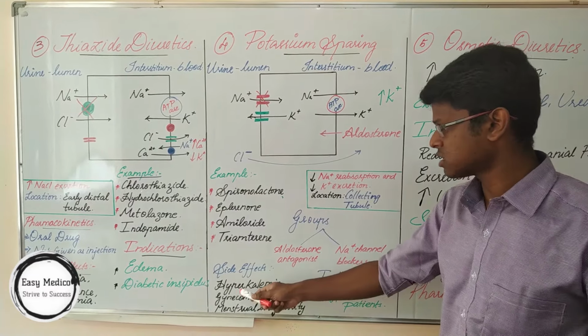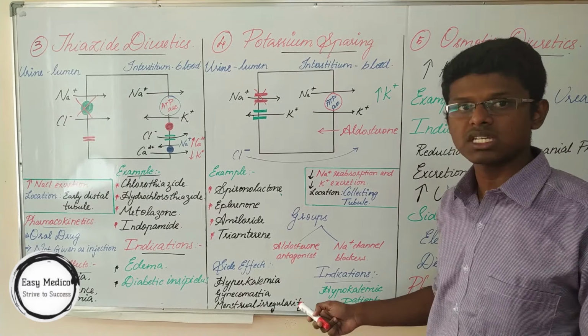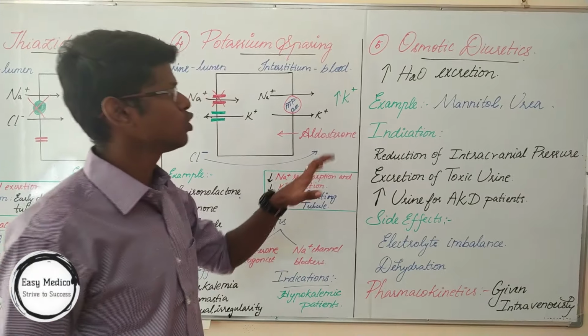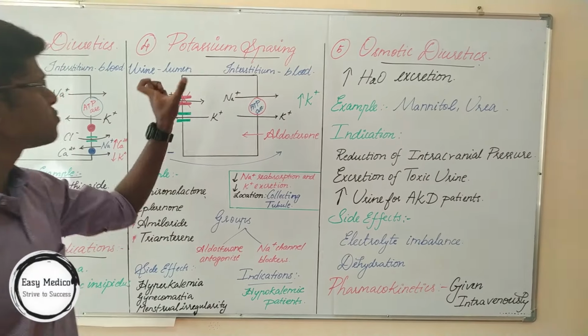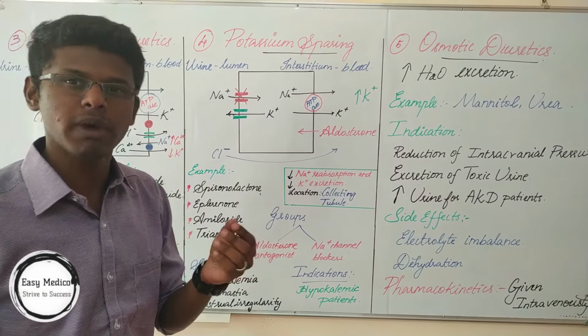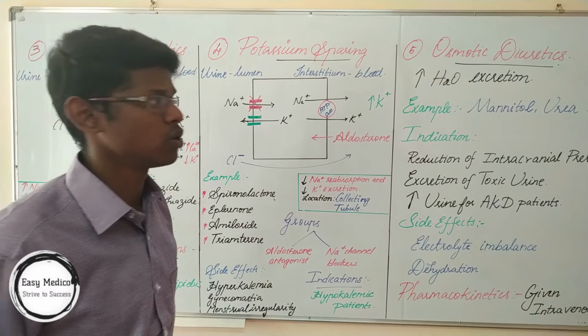They have the side effect of hyperkalemia, which means they can be given for patients with hypokalemia. Okay, now let's move on to osmotic diuretics. These potassium sparing drugs have a mild effect, so usually they are combined with other drugs like thiazide diuretics.